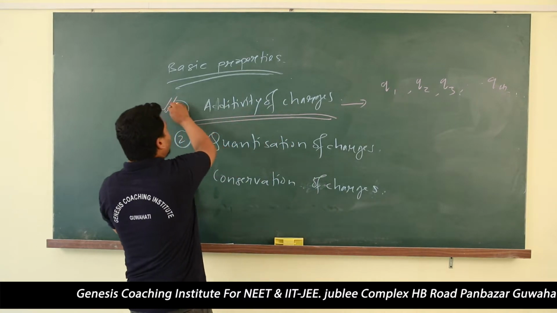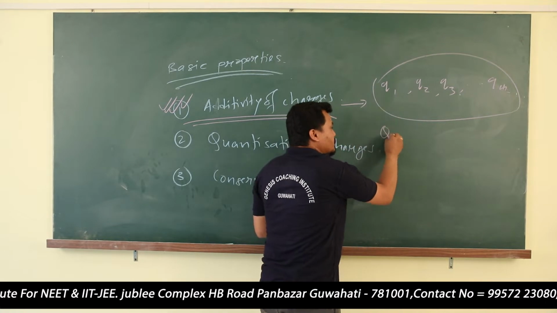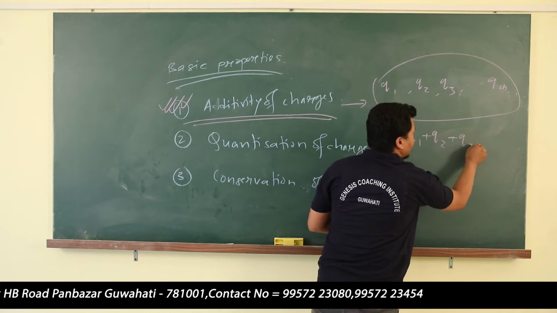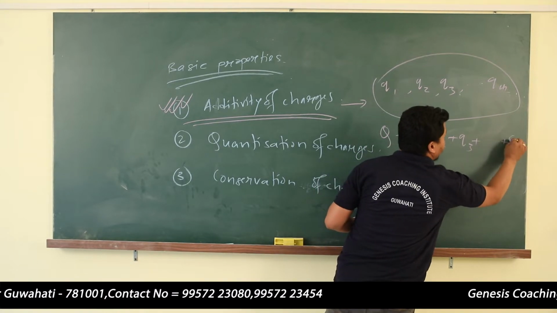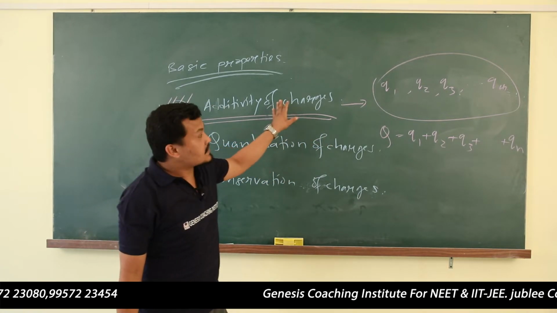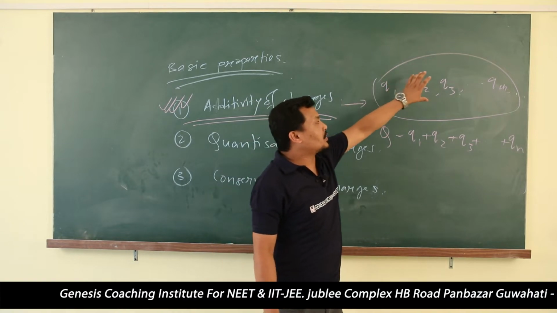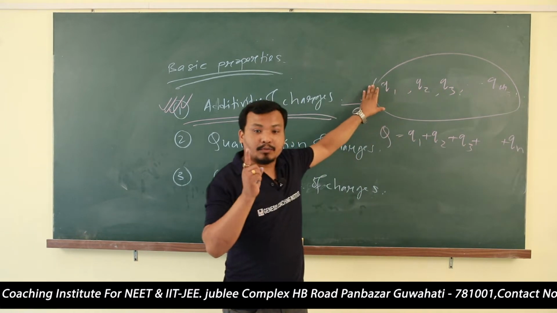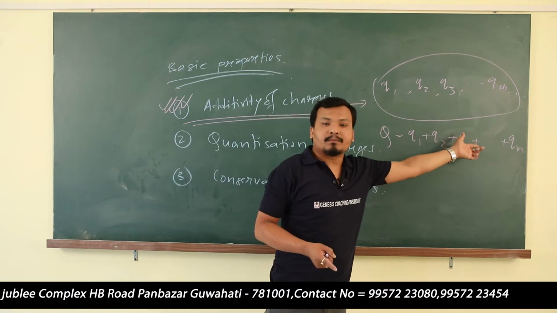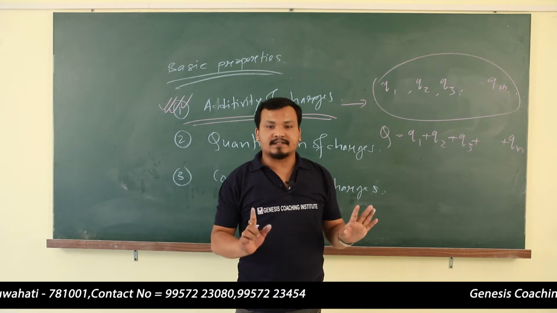Then according to this property, the total charge of the system is equal to Q1 plus Q2 plus Q3 plus up to Qn. So this is about additivity of charges. That means addition of the charges.